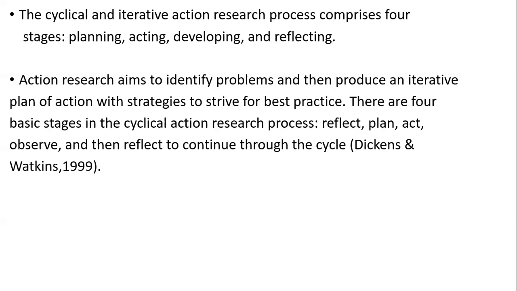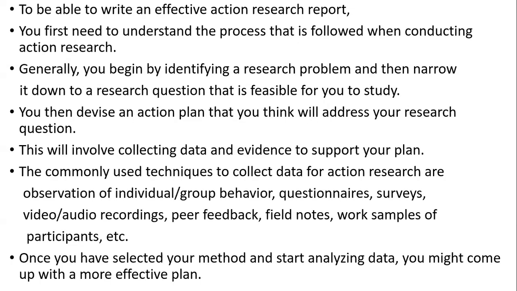So there are some strategies to introduce best practices. There are 4 basic stages in the cyclic action process: first starting with planning, act means implementing, then observing, then reflecting. So it goes on, right?